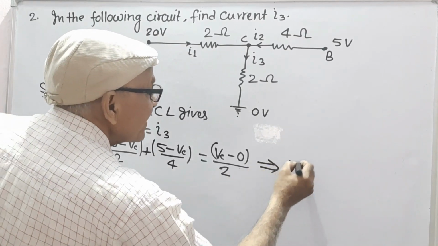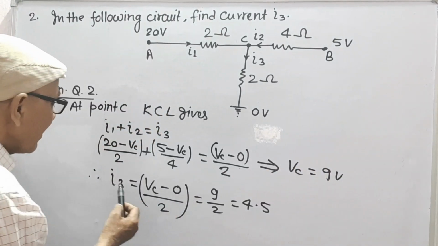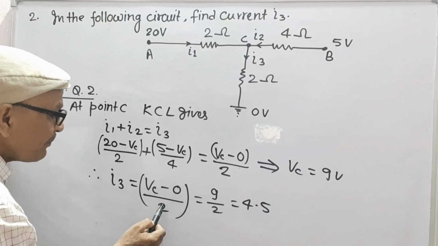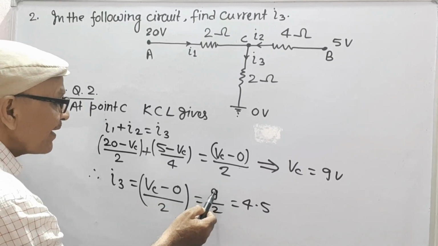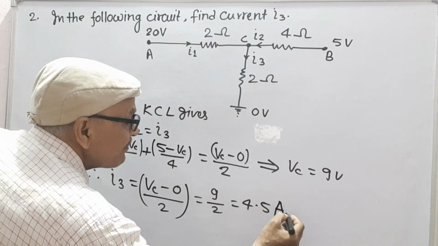This gives Vc as 9 volt. Therefore, I3 will be equal to Vc minus 0 upon 2, which is 9 upon 2, equal to 4.5 ampere.